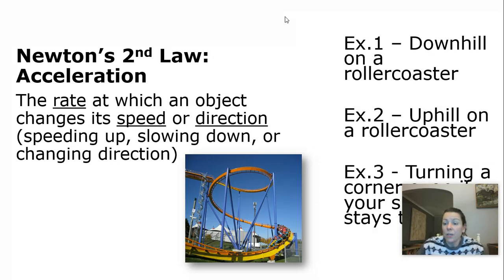So you can be talking about acceleration in terms of something speeding up, something slowing down, or something changing its direction. So an example: downhill on a roller coaster, uphill on a roller coaster, turning a corner. These are all examples of acceleration. It doesn't always have to mean something that's speeding up.